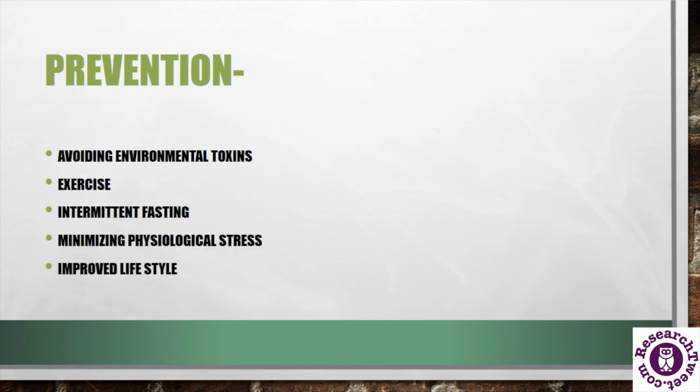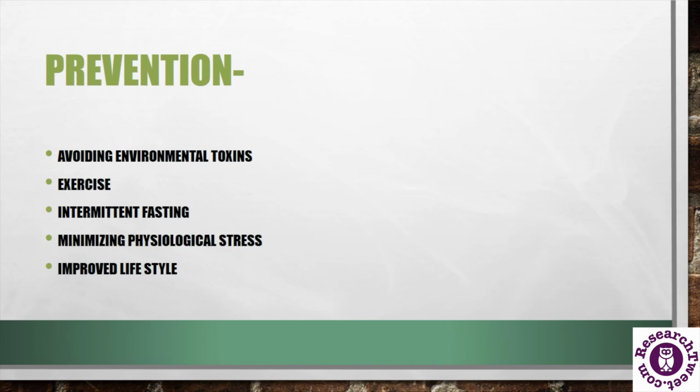So basically there is no proper treatment for mitochondrial dysfunctioning, but it can be prevented by adopting some methods. The prevention includes avoiding environmental toxins, because these toxins can increase the level of free radicals in our body, which can cause mitochondrial dysfunctioning, and these toxic materials also cause different types of diseases in our body.